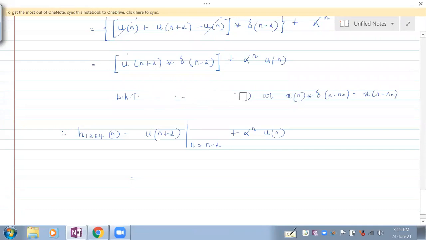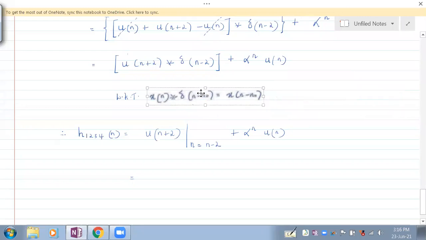It's better we go with this property, as it looks suitable here. If you are convolving any signal with delta of n minus n naught, you get that signal wherein n is replaced by n minus n naught.